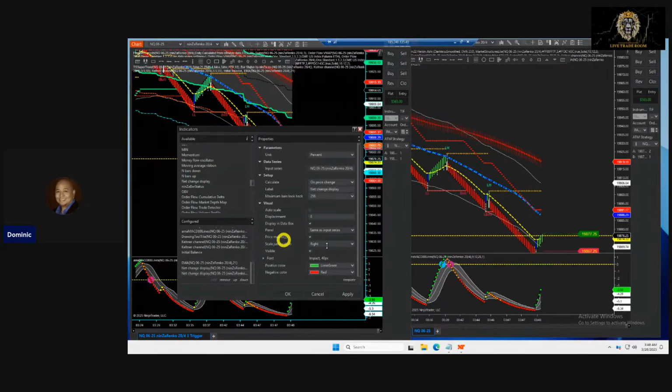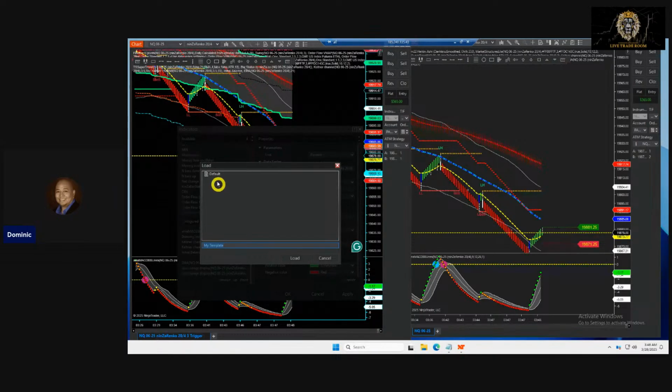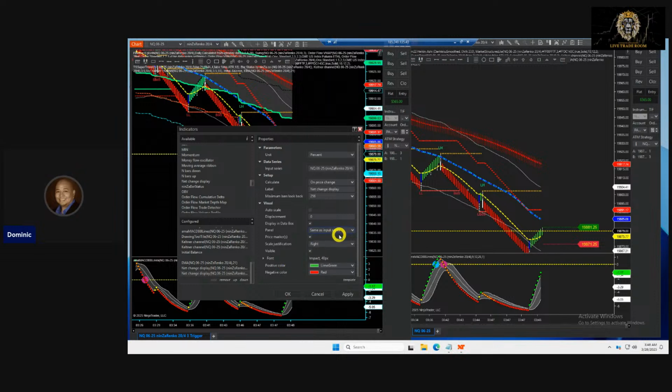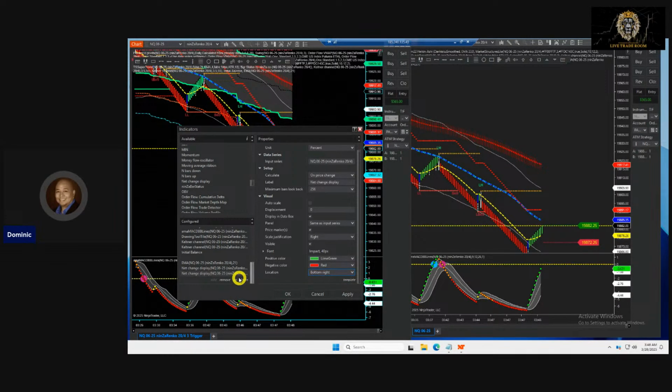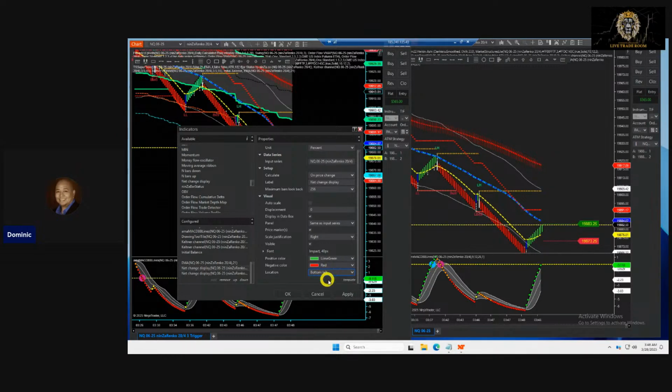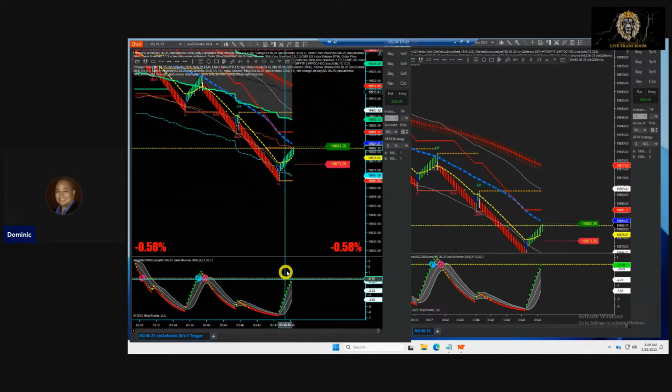Right there. So I do have a template here. This percent should be going down here. Load, default, load. So this should be bottom right. This one should be bottom left. Okay, and just apply. There we go.